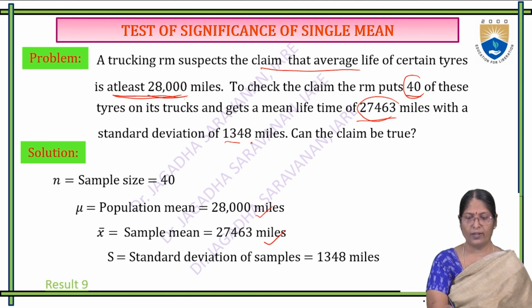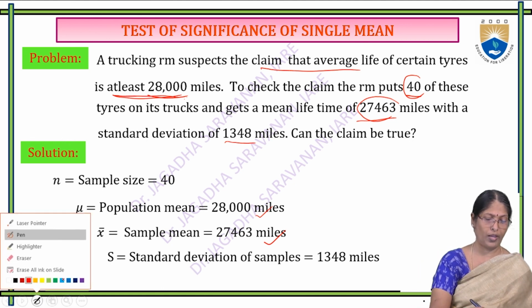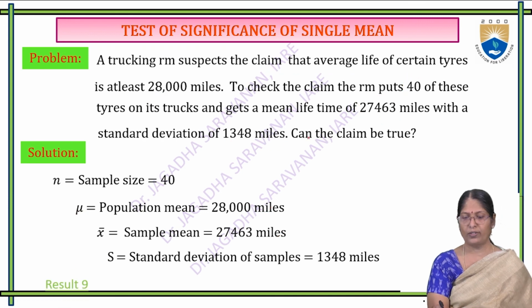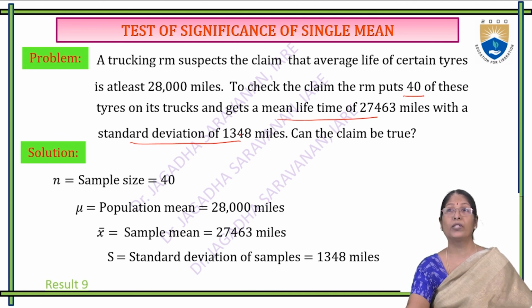Here the sample standard deviation is given, and the population standard deviation is not given. So reading the question, we have to be very careful and pay attention. With the sample of 40, the standard deviation given is the sample standard deviation.